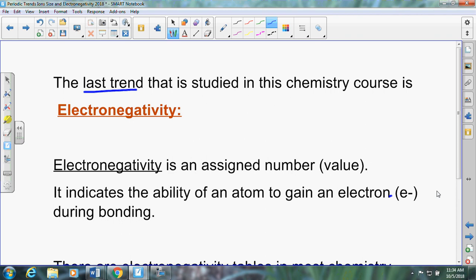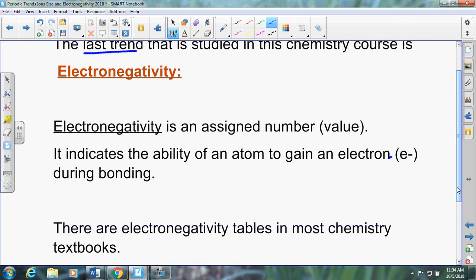If you want to write down a definition for electronegativity, you will notice that electronegativity is an assigned number. It is a number, but it's worth pointing out it does not have a unit. This number indicates the ability of an atom to gain an electron, and this is really important, during bonding.